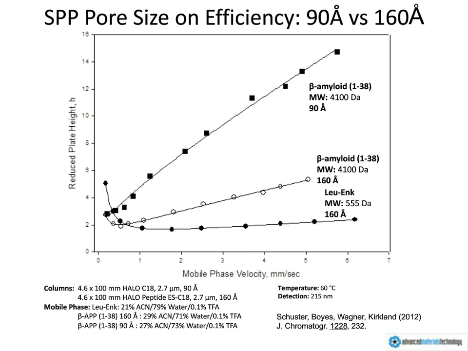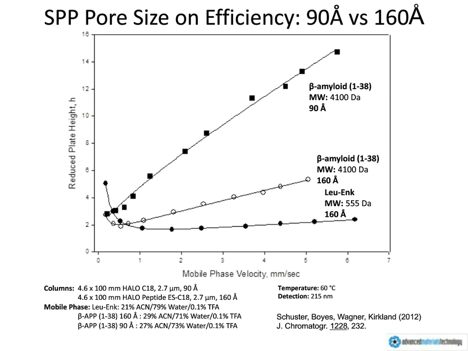If we look at the effects of column efficiency versus flow rate, we see that a larger pore, which is the middle curve, does much better than a smaller pore, which is the top curve, when applied to this larger analyte, that is beta-amyloid. And the reason for this is that restricted diffusion phenomena that I referred to.